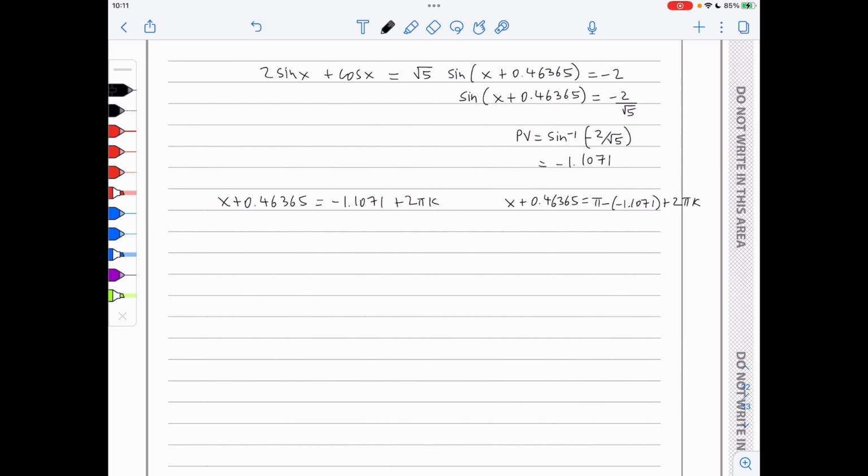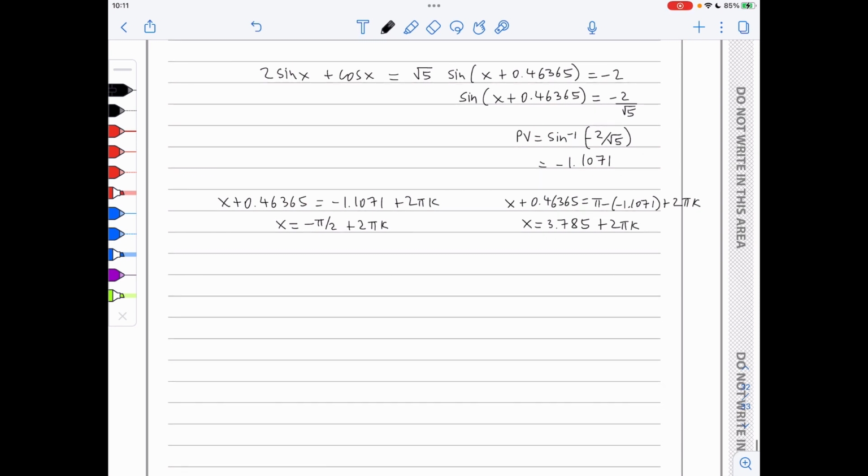This leads to the left-hand side giving me x is minus pi over 2 plus 2 pi k, and the right-hand side that x is 3.785 plus 2 pi k.